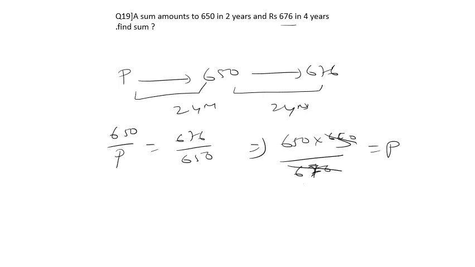Cancel this by 26. So this is 26, this is 26 into 25. Right, this is 25. Now this is happening as 625. Okay, now moving to the next question.